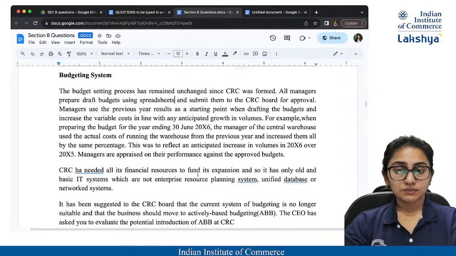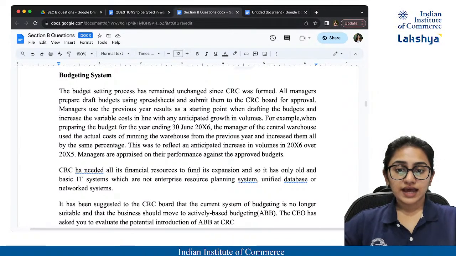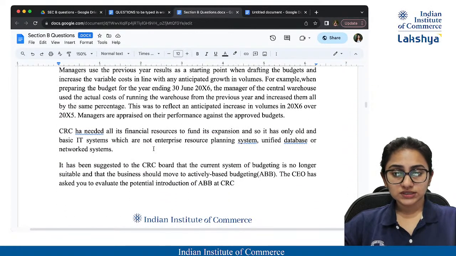For example, when preparing the budget for the year ending 30th June 20x6, the manager of the central warehouse used the actual cost of running the warehouse from the previous year and increased all by the same percentage. This was to reflect an anticipated increase in volumes in 20x6 over 20x5. Managers are appraised on their performance against approved budgets.